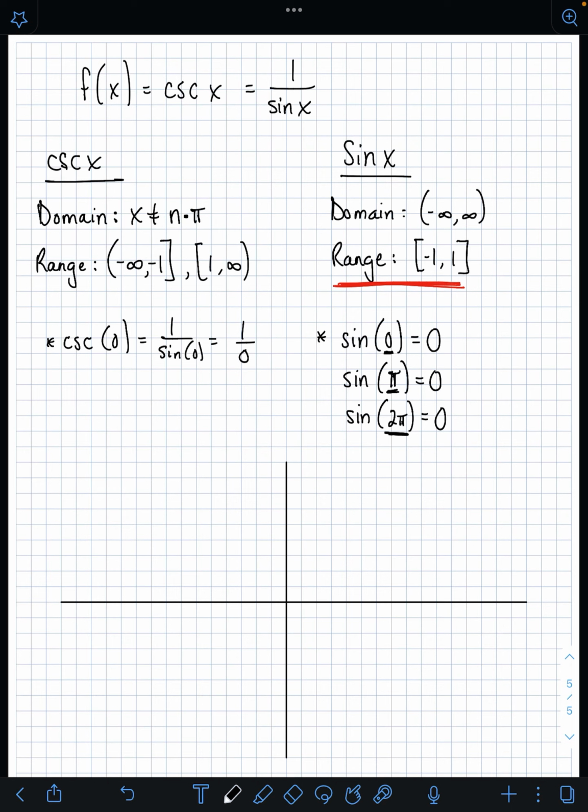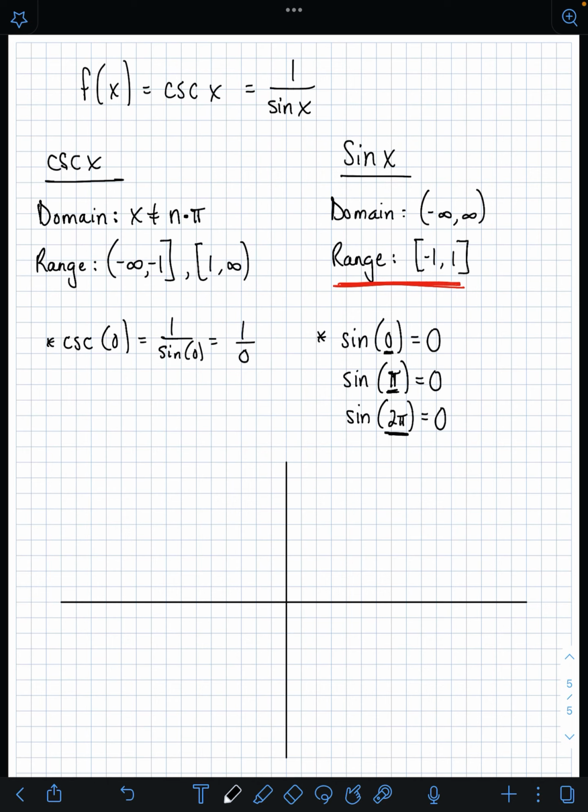Now, all of the other characteristics of cosecant of x are the same as sine of x. That is to say, they have the same period. Cosecant is not going to be a wave, but it is going to have an amplitude after a fashion.